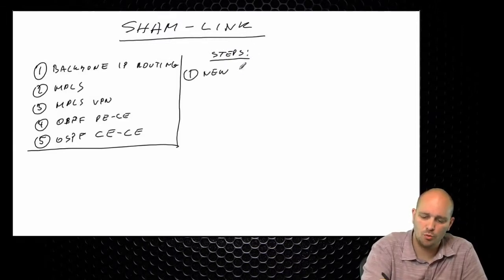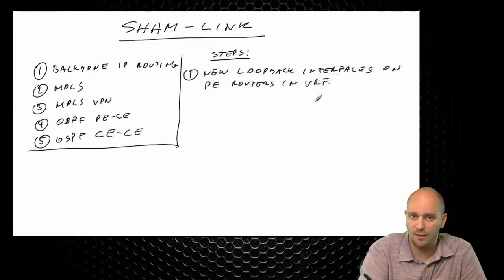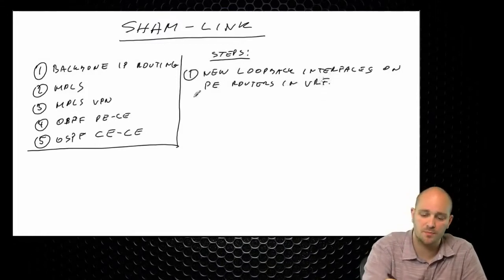You need new loopback interfaces on your PE routers in VRF. So not in the main routing table, but in the VRF where you're trying to solve this problem.